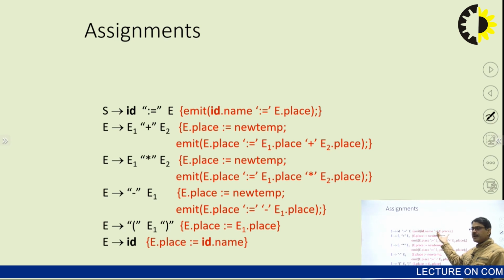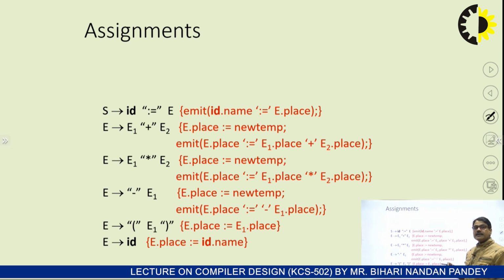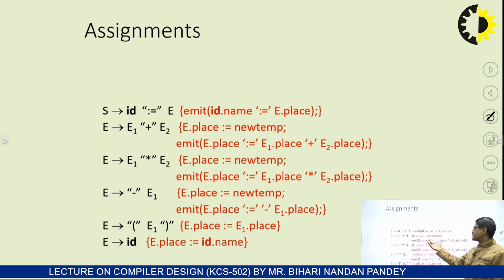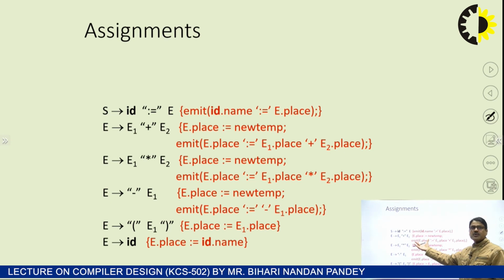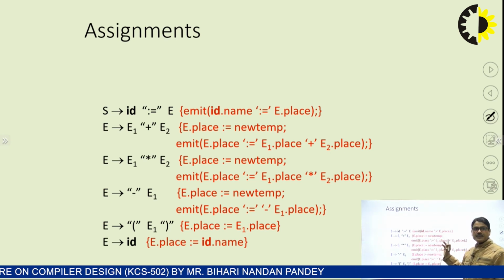That must be hidden by using this emit operation. So what does the emit operation do? It finds out the types of the operands, then a temporary is generated, then assignment is done. Only the basic operation will be shown by this emit, because all the details are hidden in this emit operation.